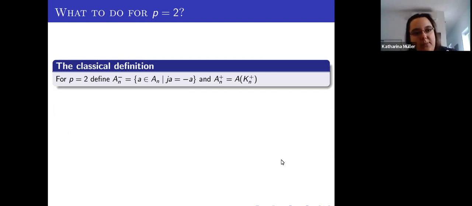So the question is, what do I do for p equal to 2? And this problem was addressed very early on. There's a definition I will call the classical one. For p equal to 2, I define A_n^- as the -1 eigenspace of J and A_n^+ as A of K_n^+.